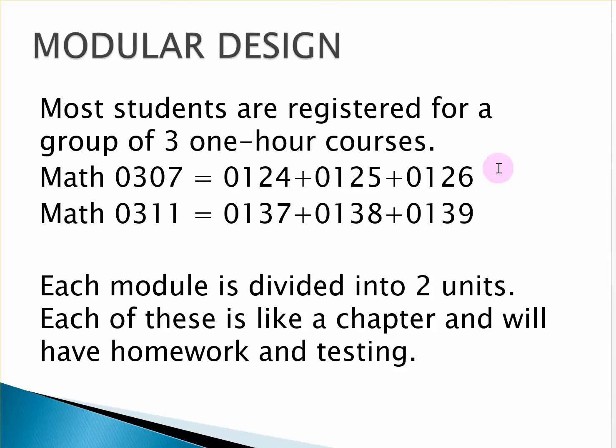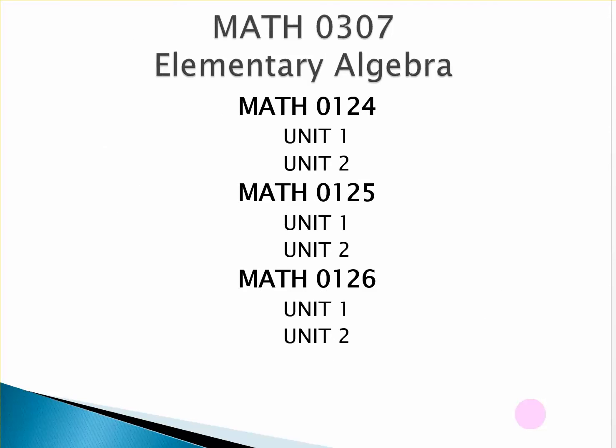Each module, and that's what we call the 124, that's a module, 125 is a module, 126, each is divided into 2 units. Each of these is like a chapter, and we'll have homework and testing. This gives you a look of what is equivalent to Math 307 or elementary algebra.